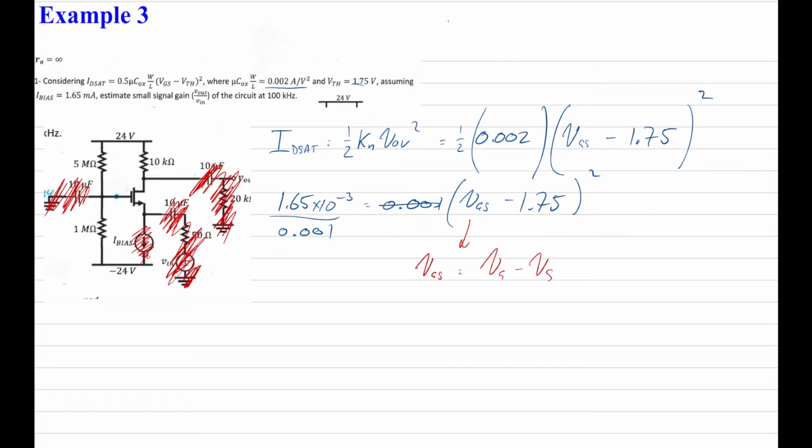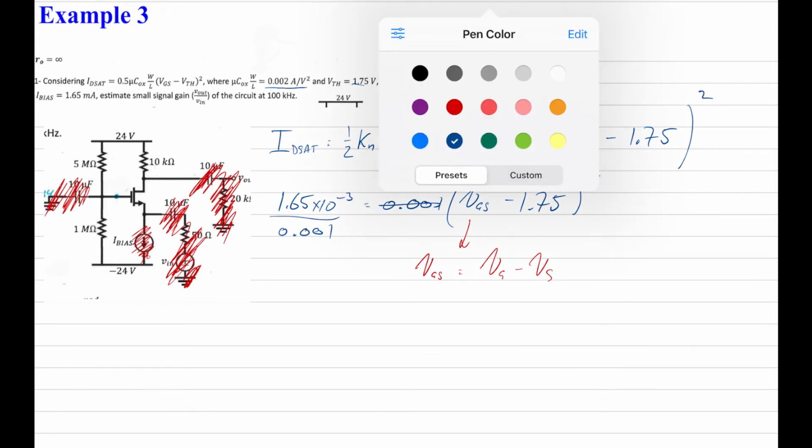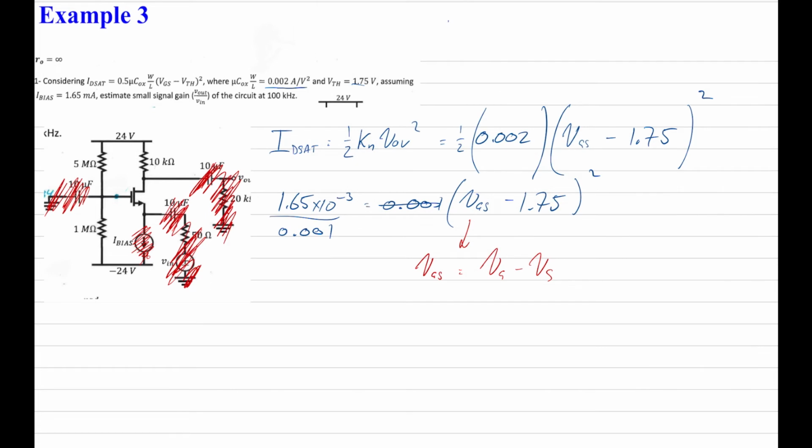Using the principle of superposition, we can say the following: 24 times 1 over 6 minus 24 times 5 on 6, and that should give you the voltage in the middle section over here.